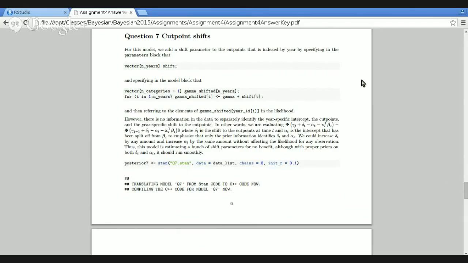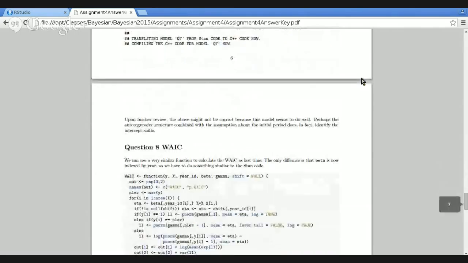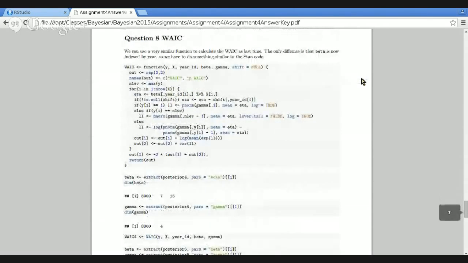And if, for some reason, you get a little bit better fit, it might wash out. But in any event, what I hoped people would say was, well, this doesn't make any sense. We're not separately identifying the intercept and the shift, but maybe actually we did. I'll have to look at that a little bit more.